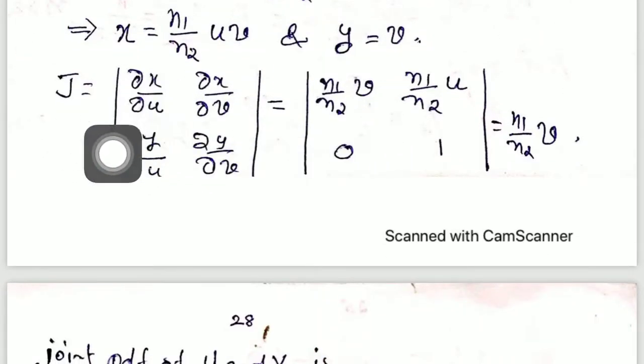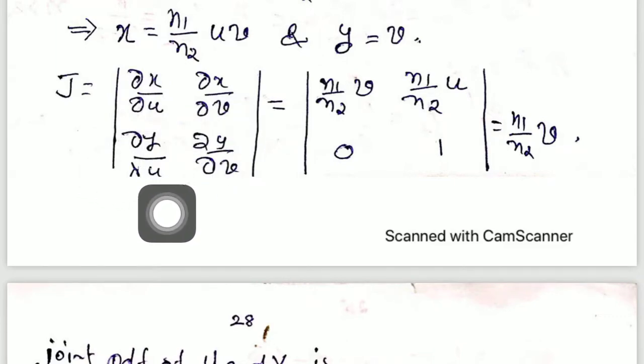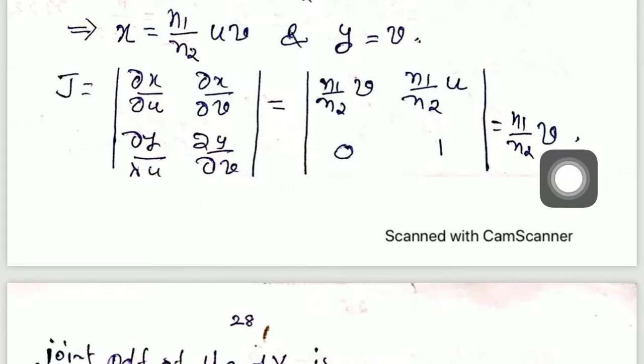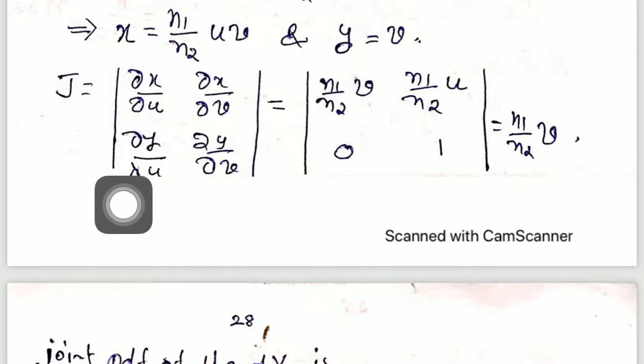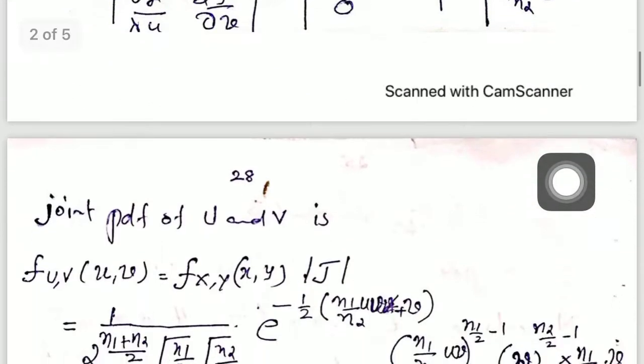Jacobian of this transformation is the determinant of dou x by dou u, dou x by dou v, dou y by dou u, dou y by dou v, which is equal to (n1/n2)v. And you know that v is always non-negative, therefore the modulus of Jacobian is also equal to (n1/n2)v.